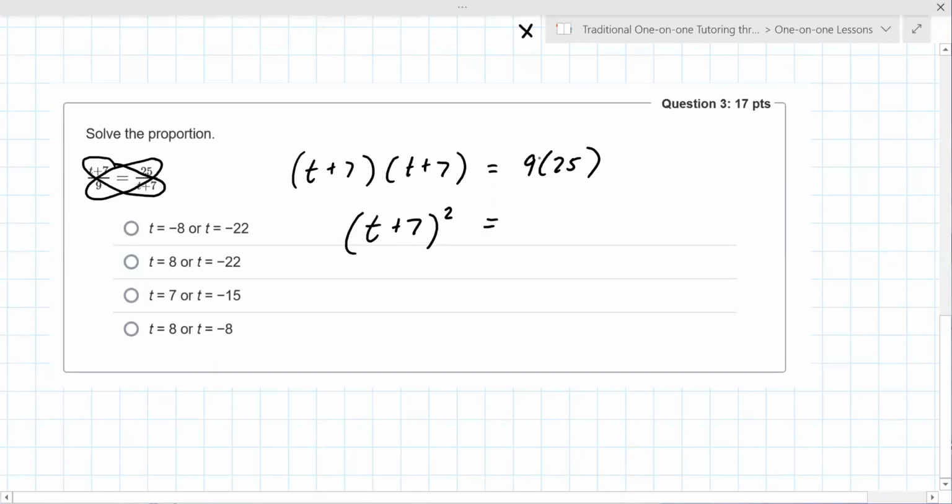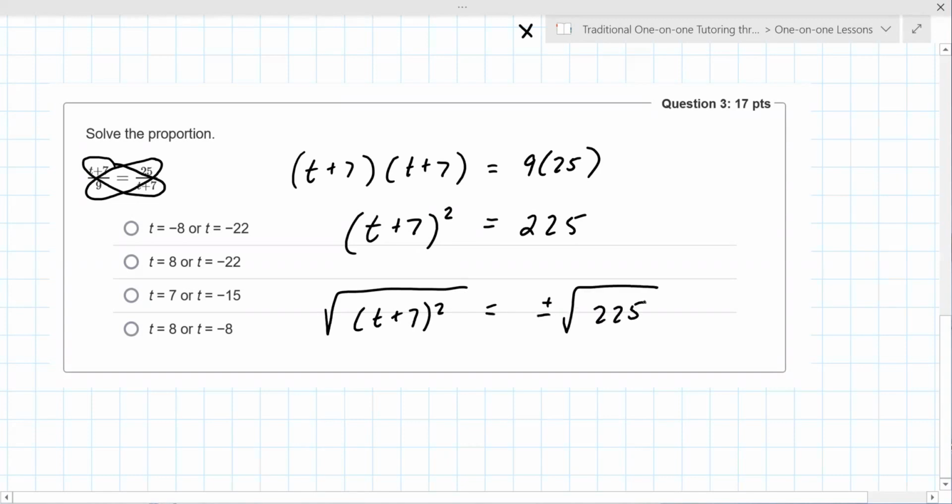Let's check. 225. Okay. Now, the next step is to take the square root of both sides. On the right, it's plus or minus the square root of 225. Now, don't use a calculator. Do you know this value? You know the square root of 225.